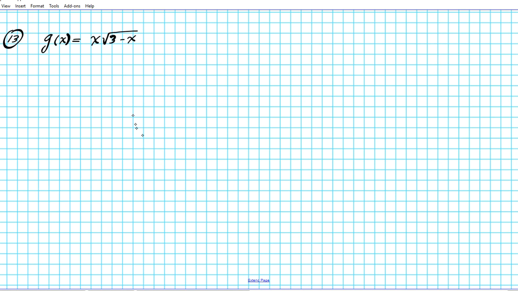Alright, so we want to find the critical values, critical numbers. Basically, you're looking for where, in this particular case, g prime of x is equal to 0 or g prime of x does not exist.